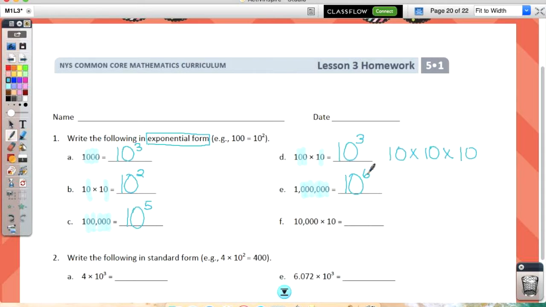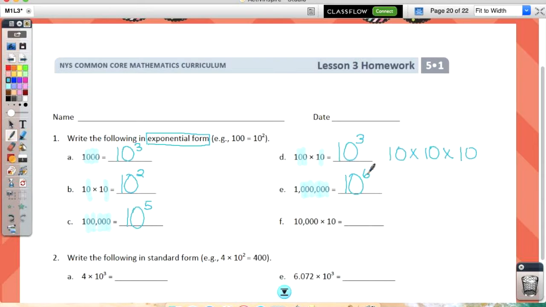Okay? Now you try the last one on your own. Count the zeros and write exponential form. Okay. So raise your hand if you want to answer this one.